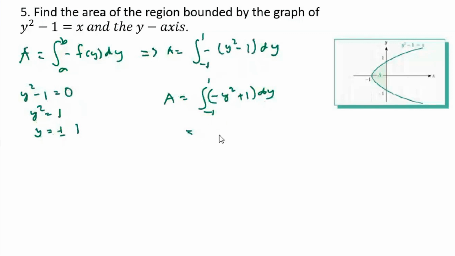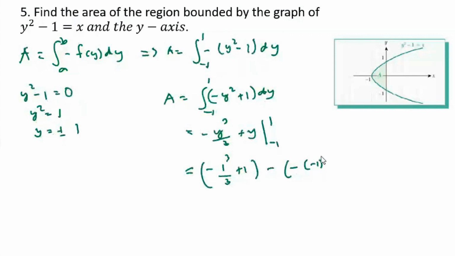Now take the integration for that. I have the negative y cubed over 3 plus y, evaluated from negative 1 to 1. By using the FTC, we have the negative of 1 cubed over 3 plus 1, minus the negative of negative 1 cubed over 3 plus negative 1.